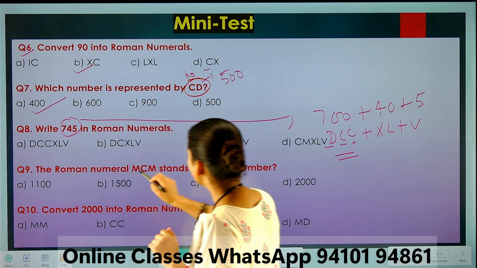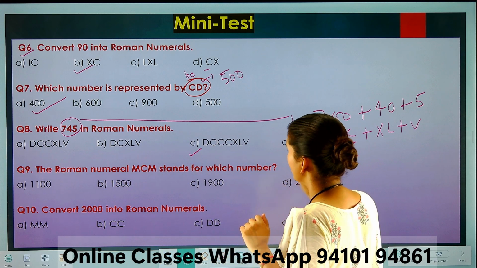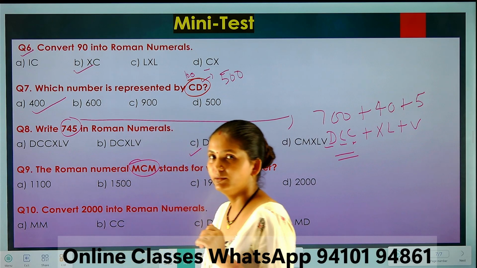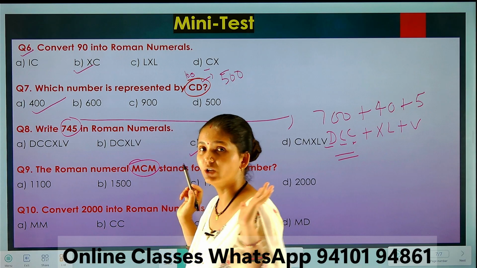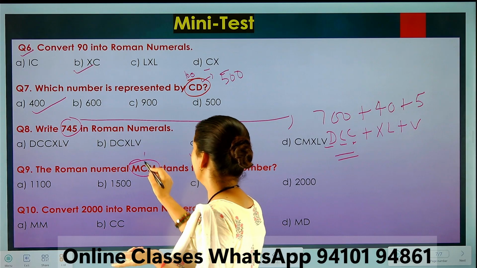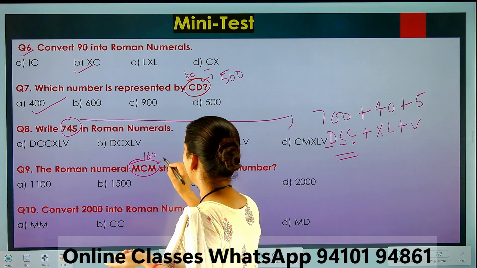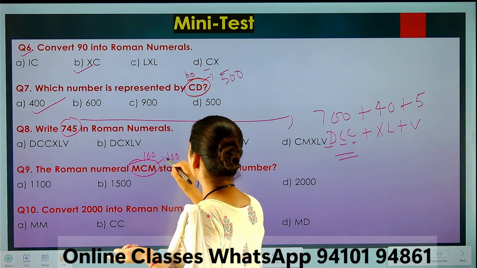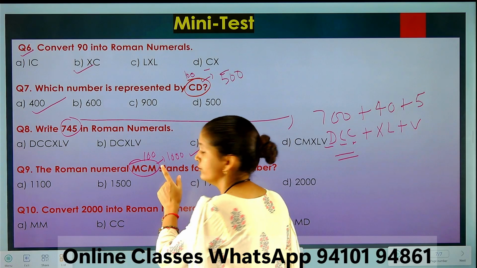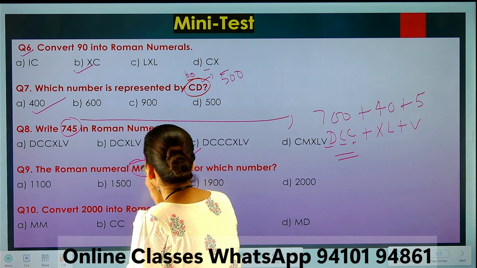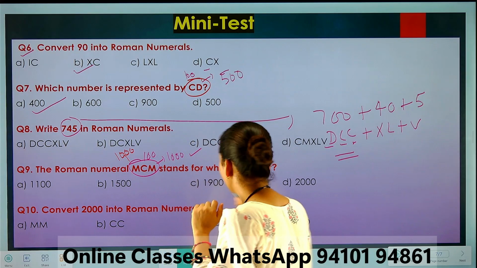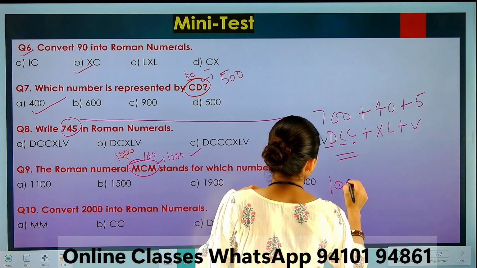Next, the Roman numerals MCM stand for which number? Means Roman number MCM. Now look here. M is the bigger value, 1000. C is a smaller value than M, 100 only. And then again M, 1000. So in this number now, look carefully. This is M, 1000. So no problem. We will write 1000 as it is here.